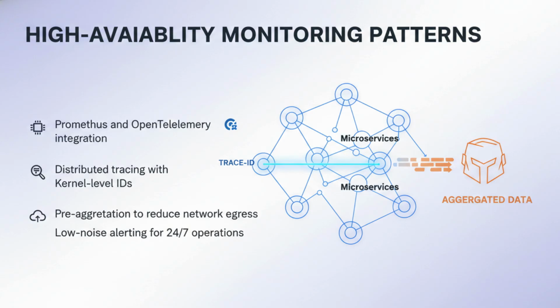High availability patterns here involve distributed tracing, where we attach trace IDs to packets via BPF to follow requests across microservices. We focus on low-noise alerting, using the kernel to pre-aggregate data so that only significant anomalies are sent over the network. This reduces data egress costs and prevents your monitoring system from becoming a bottleneck during traffic spikes.